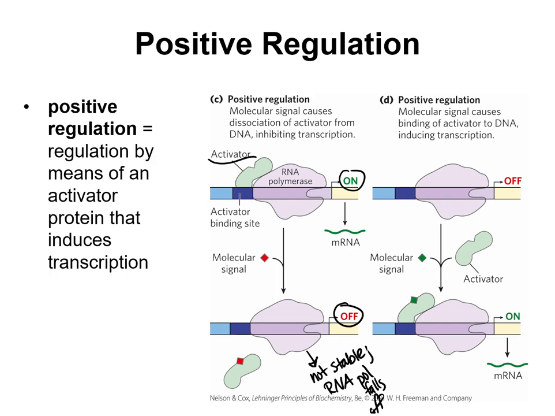The other example would be the reverse, where you're starting with a gene that's off. We have very weak binding of RNA polymerase or none at all. Then there's a signal that causes an activator to bind the binding site right next to the promoter, and it will recruit the RNA polymerase, help it to stay bound, and form that initiation complex so that it can make a messenger RNA.